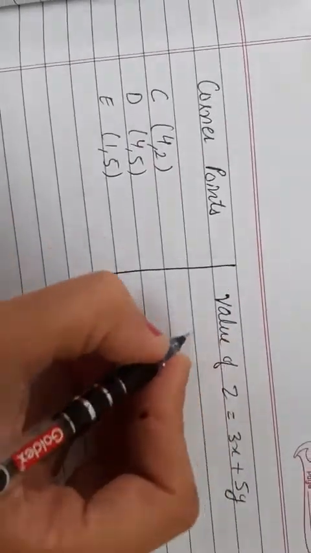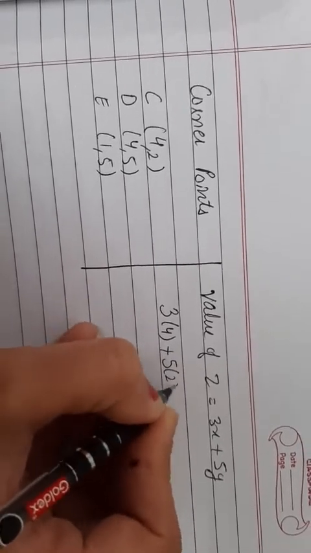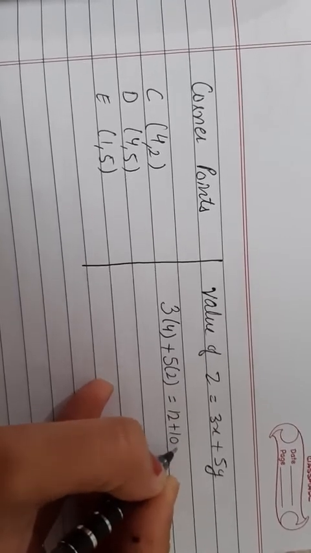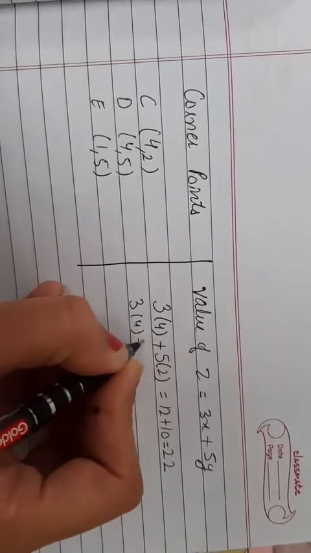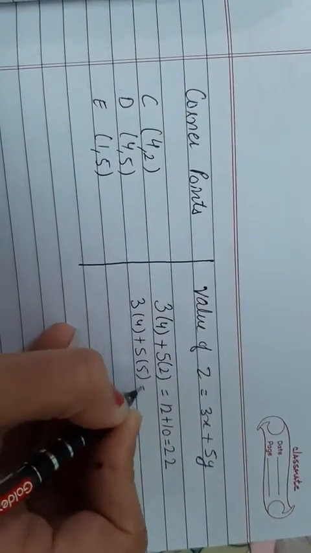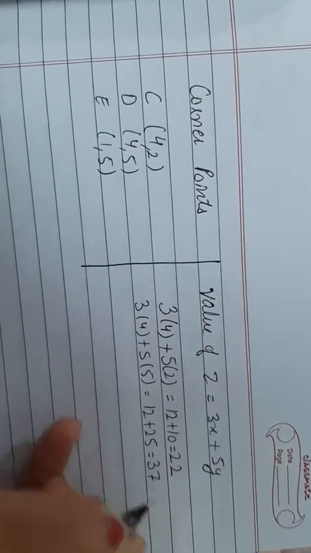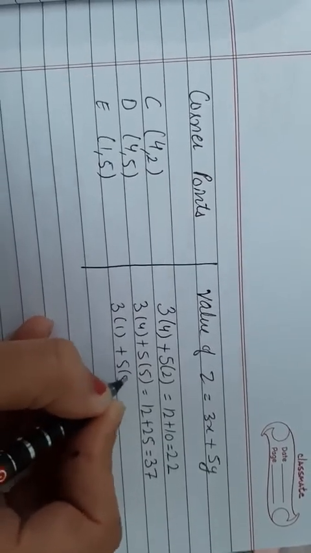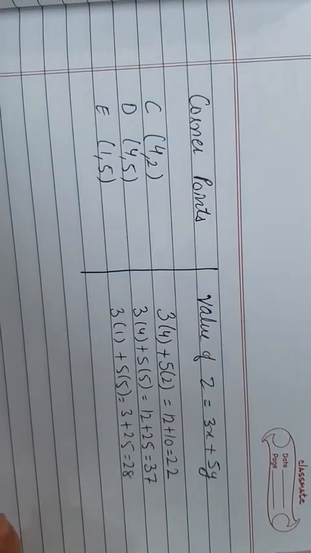Put here 3 into 4, 5 into 2. So 3 4s are 12. 12 plus 10 is equal to 22. Now 3 into 4, 5 into 5, 12 plus 25, that is 37. Next 3 into 1, 5 into 5, 3 plus 25, that is 28.